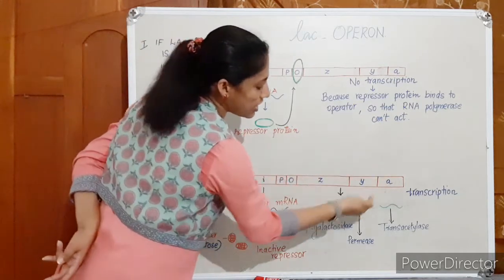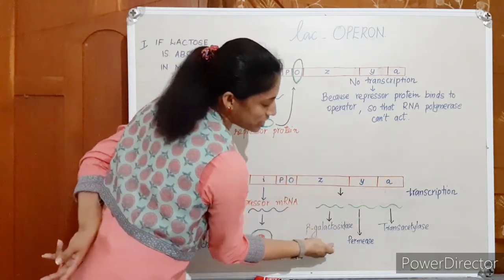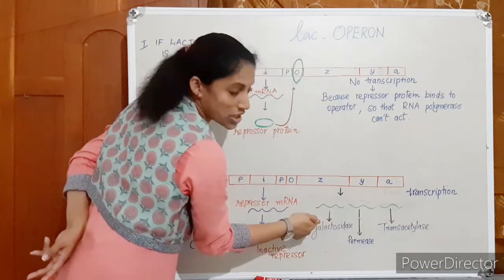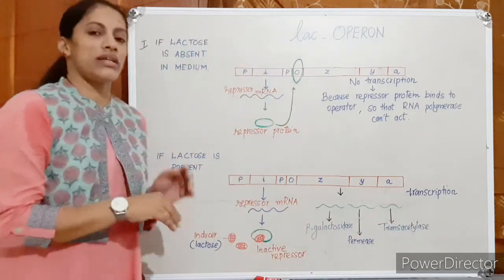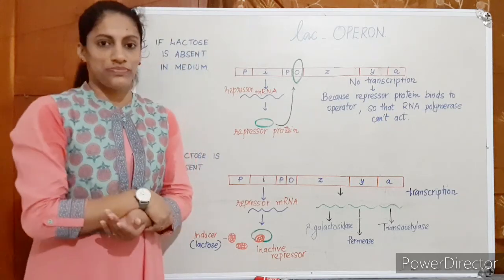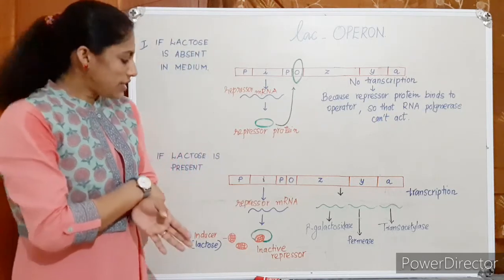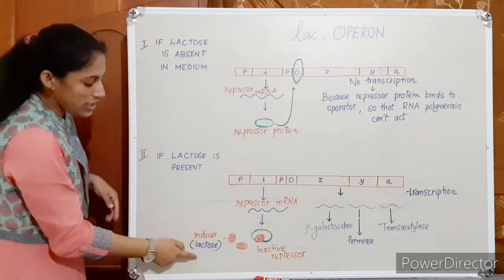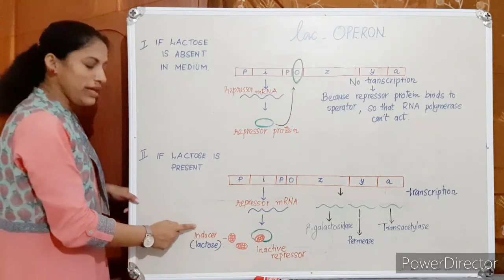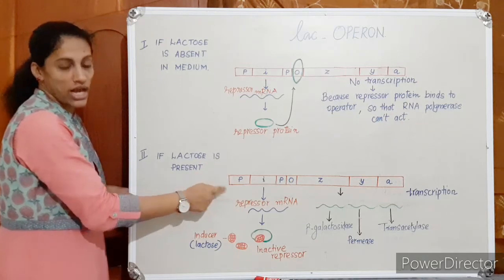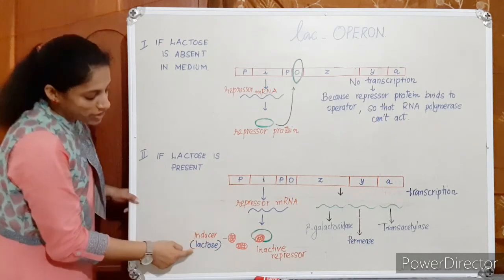These three genes are transcribed and then translated to these three enzymes. This one is required for the breakdown. These two are required for the transport, effective transport. That's about the action. See, other than lactose, allolactose also can be an inducer for the same action. Allolactose.